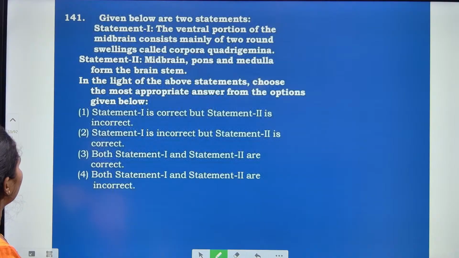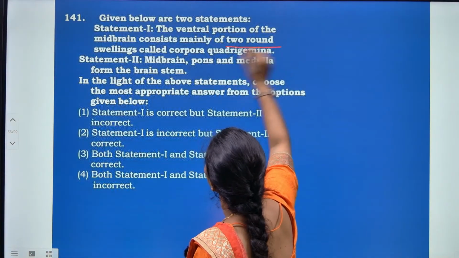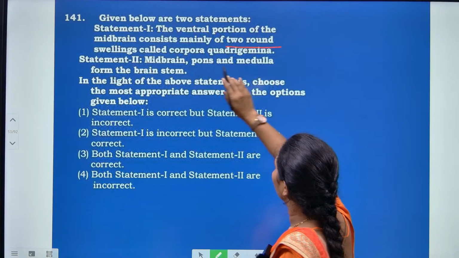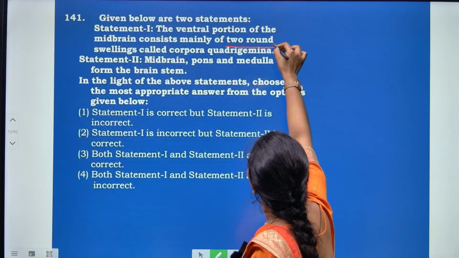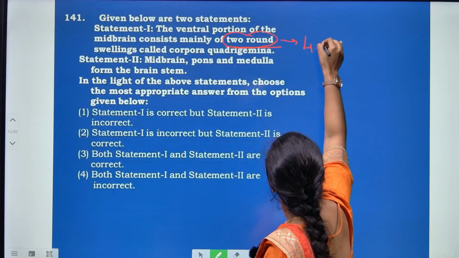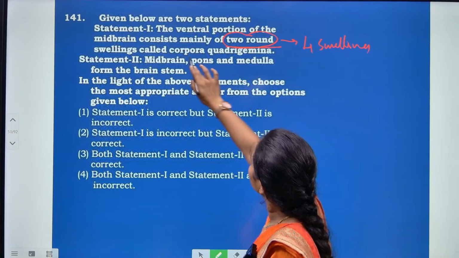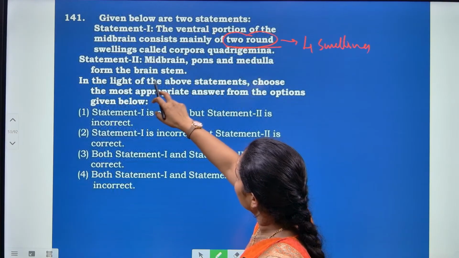The next one: given below are two statements. Statement 1: the ventral portion of the midbrain consists of mainly two round swellings called corpora quadrigemina. There are not two, there are four swellings, so it is four swellings that make the corpora quadrigemina.